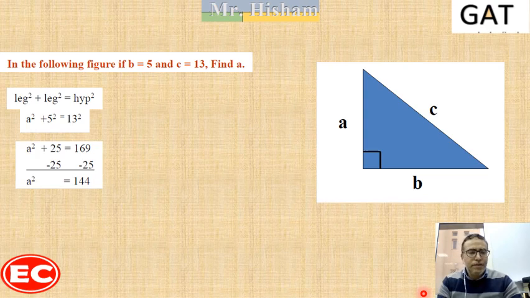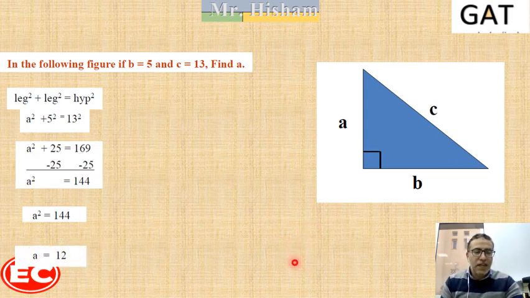So A square is 169 minus 25, so the value is 144. By taking the root for both sides, A is equal to 12. Also, 12, 5, and 13 is one of the well-known right angle triangles.